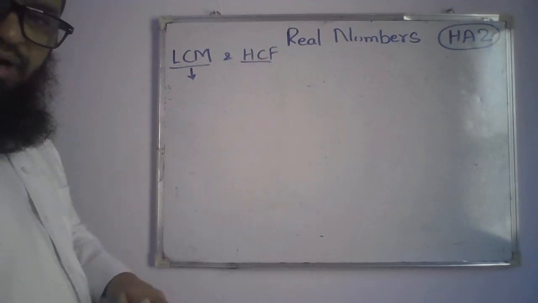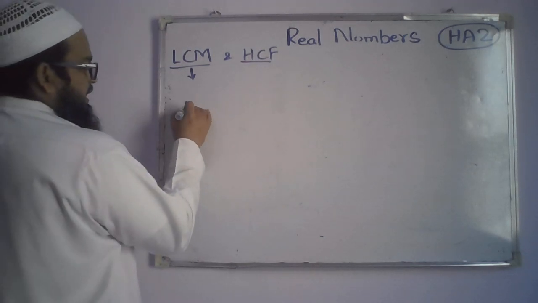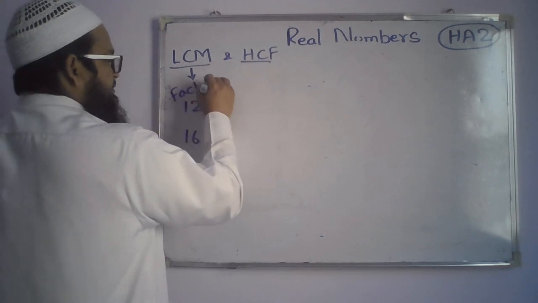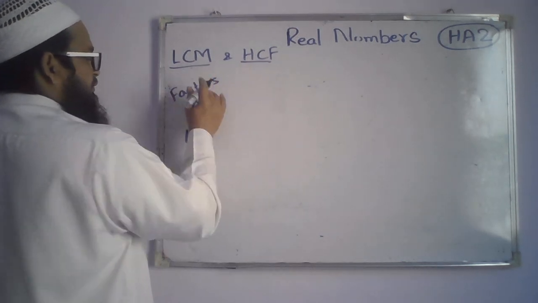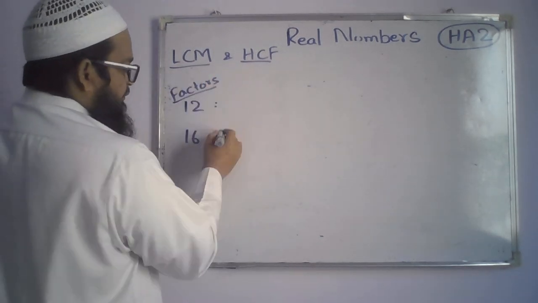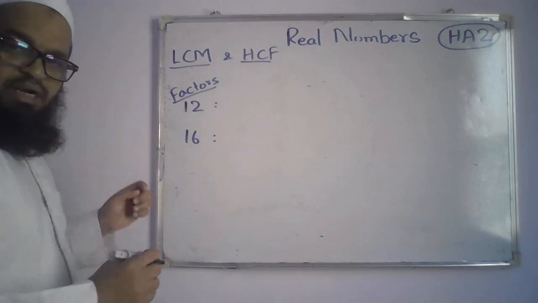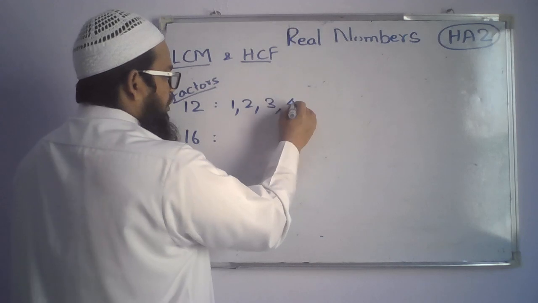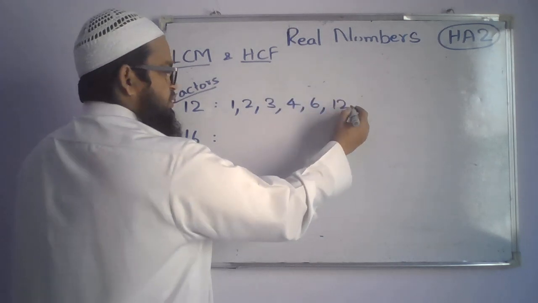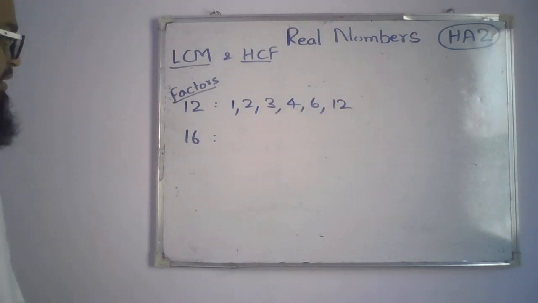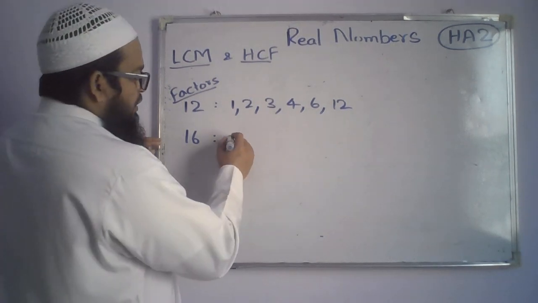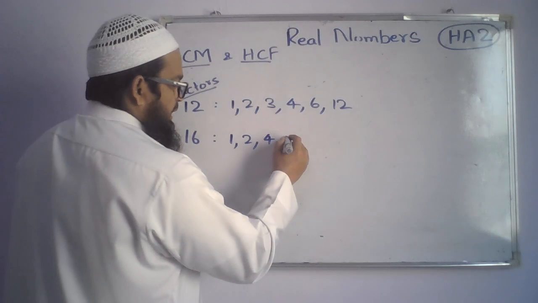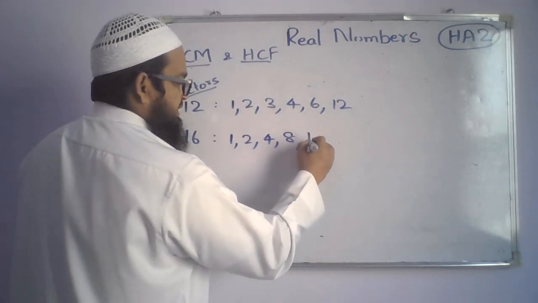HCF, the highest common factor. Let us take 12 and 16. Let us see the factors of 12. What are the factors of 12, my dear students? What are the numbers that divide 12? 1, 2, 3, 4, 6 and 12. Any other number? No, I think not. Now 16: 1, 2 and 4, next 8, next 16.